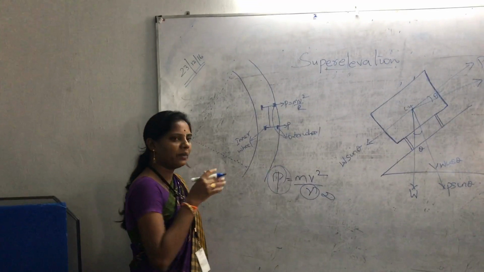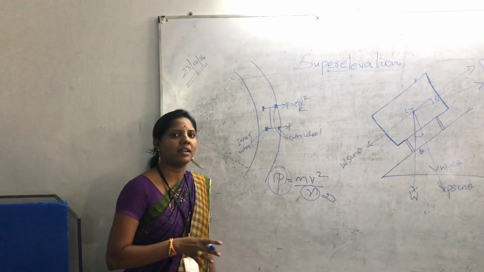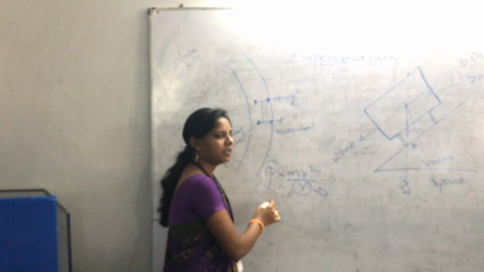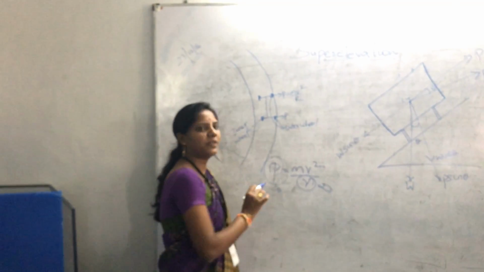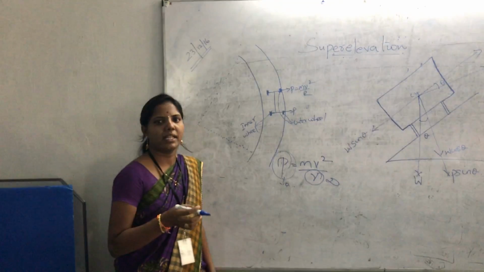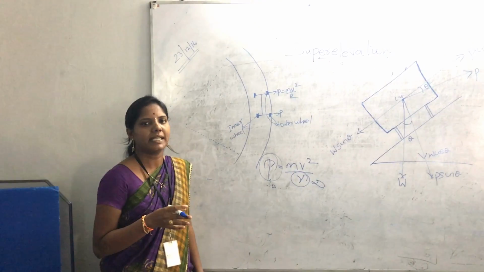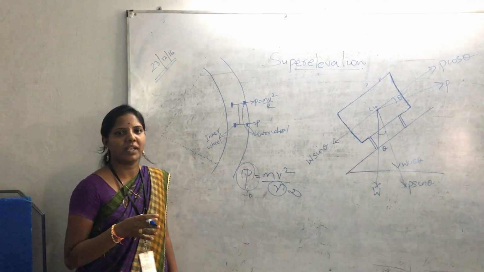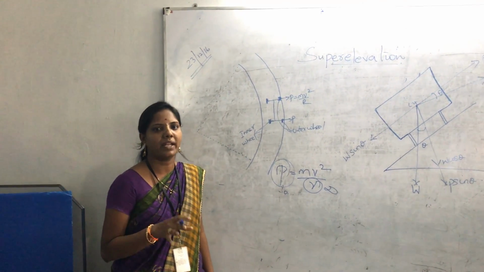So when a vehicle moves on a straight horizontal road with infinite radius, the centrifugal force developed will be zero. If the centrifugal force is zero, then there will be no overturning or skidding effect on the horizontal road. Hence, the driver can take the vehicle at the design speed without any danger.